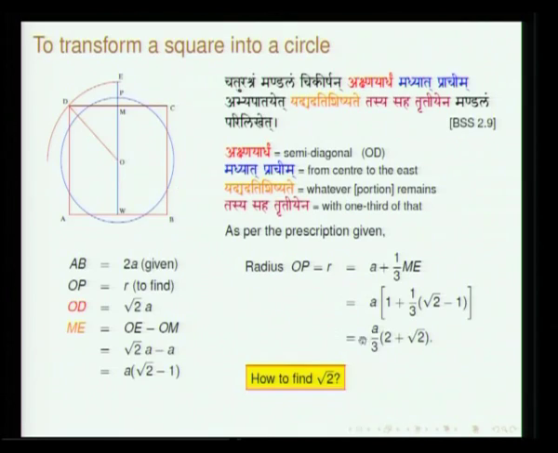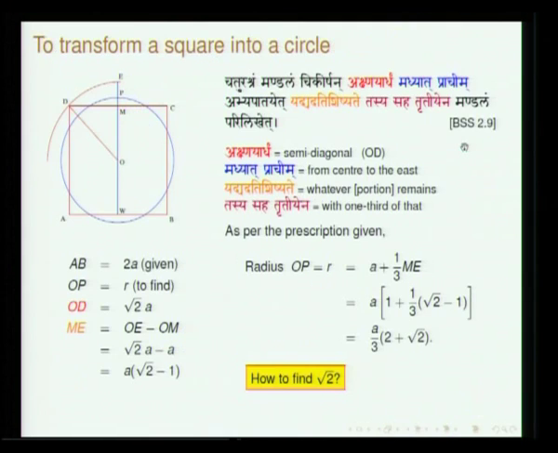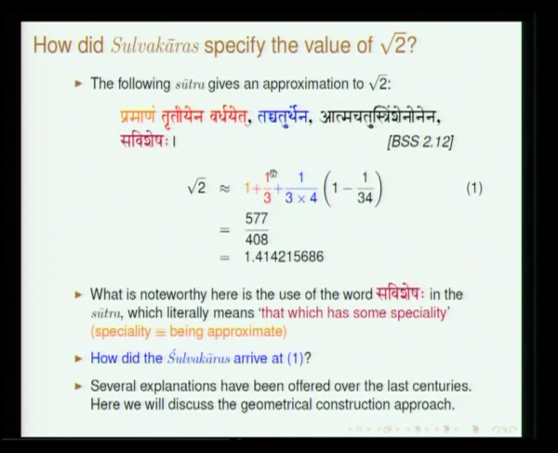In this we find root 2 appearing. You know the value of A, but you do not know what root 2 is. If you have a way to find out root 2, then you will be immediately able to compute this. This sutra is 2.9, and a couple of sutras later Bodhayana presents another sutra which gives the value of root 2. Pramanam tritiyena vardhayet tat chaturthena atma chatustrimshena vunena savisheshaha.